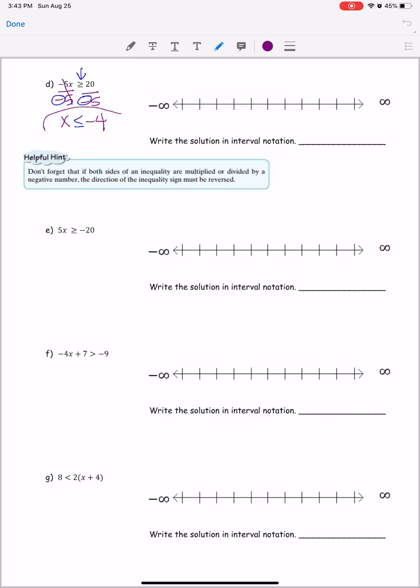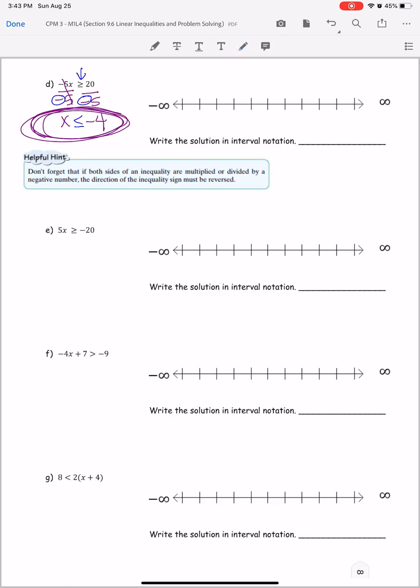So here is my answer. You cannot forget to flip it when you divide by a negative number. Now when we graph this, we've got negative 4, negative 3, negative 2, negative 5, negative 6.